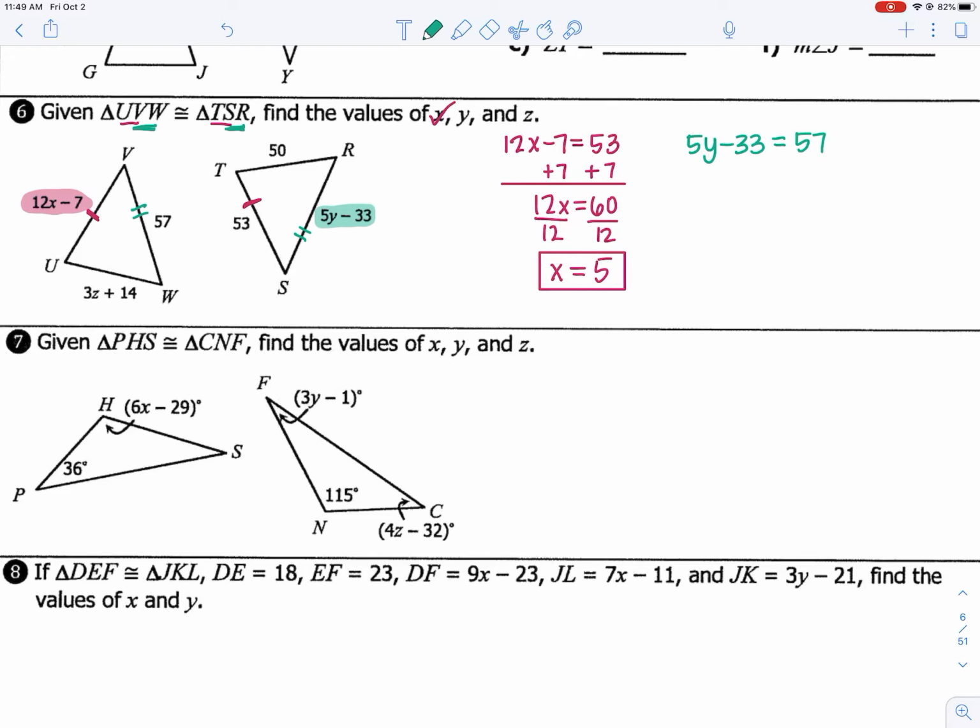So I set up my equation. Now I can solve for y. So add 33 to both sides to isolate the 5y. Then you'll have 5y equals 57 plus 33 is 90. Divide by 5, and you'll have y equals 18.